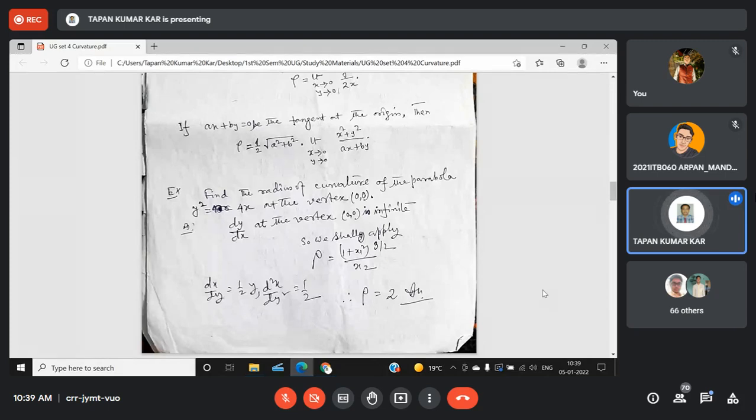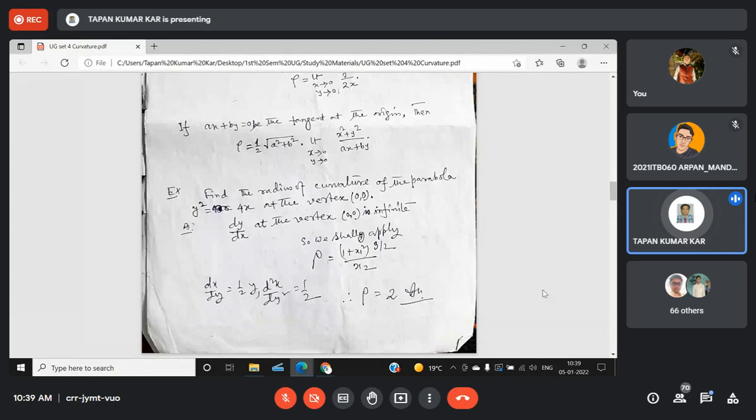Now you can ask me that since we know Newton's formula, and also this curve y square equal to 4x passes through (0, 0), because there is no constant term, so it passes through (0, 0). And what is the tangent at the origin?